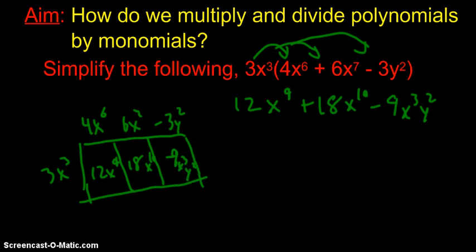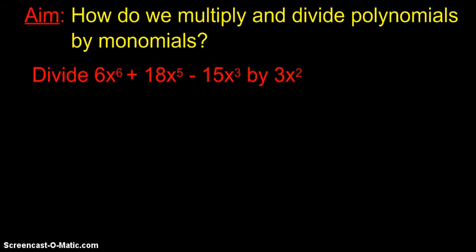Alright, let's take a look here. Divide 6x to the 6th plus 18x to the 5th minus 15x to the 3rd by 3x to the 2nd. Now, one of the more standard ways to do it would be to just write it this way and think of it as distributing. I'm going to distribute by dividing each term by this instead, which works.